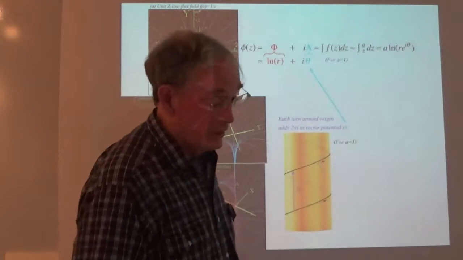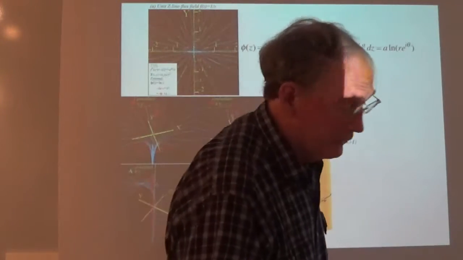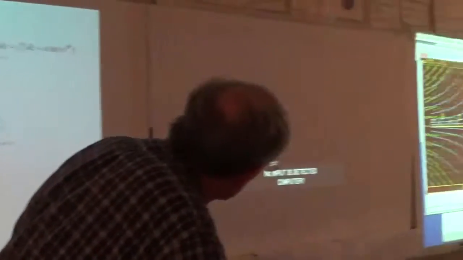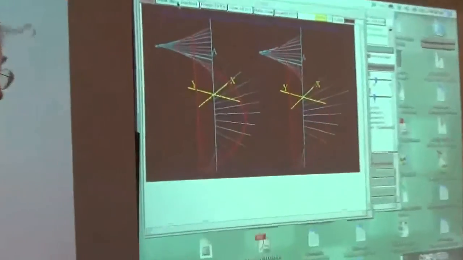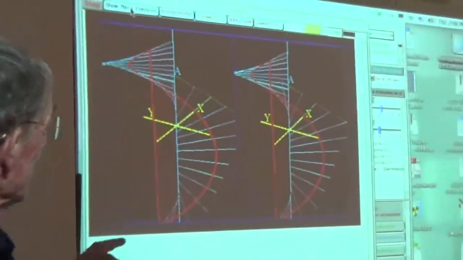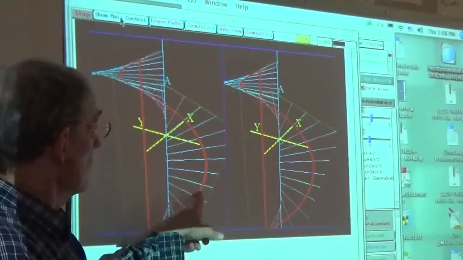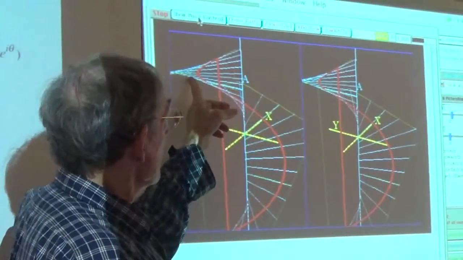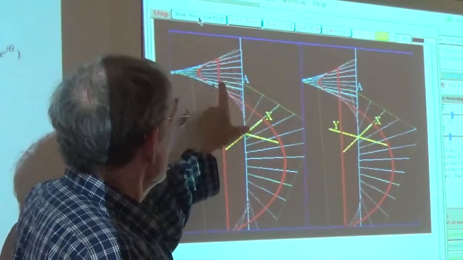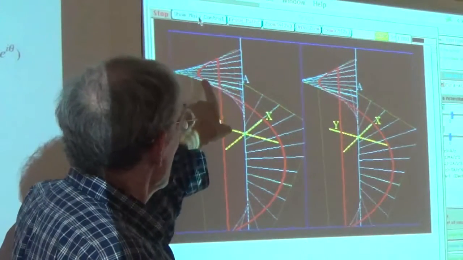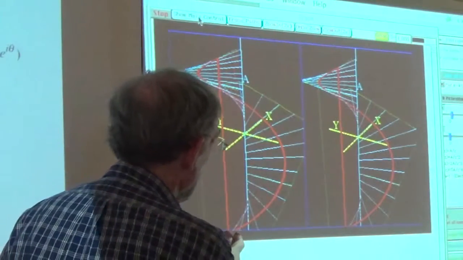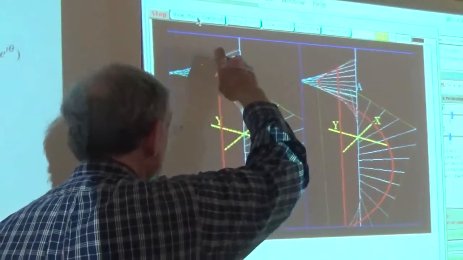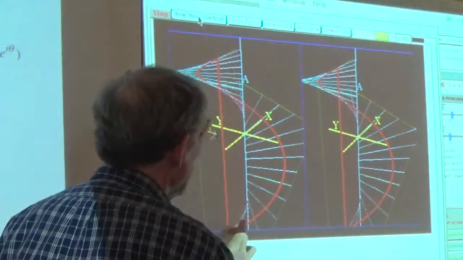And that was what we were showing on the other screen here. That's what we calculated last time. So I'll flip that up here just to remind you. This is the 3D view of a particular constant phi line. And you see that every time I cross, I come up with a helix to that point, and then I just have to drop back by 2 pi to continue.